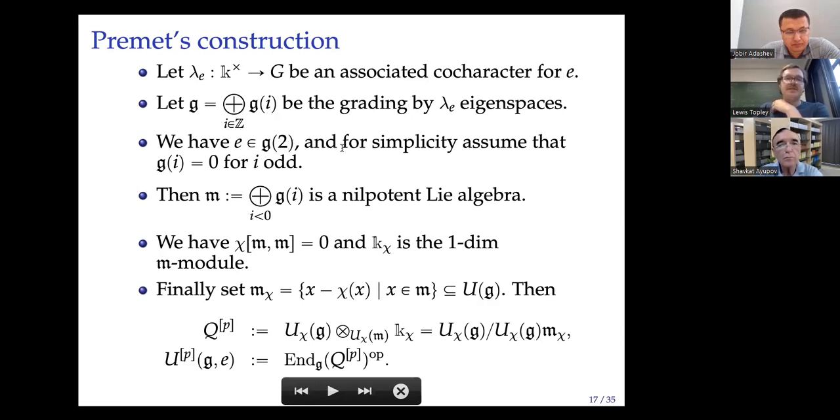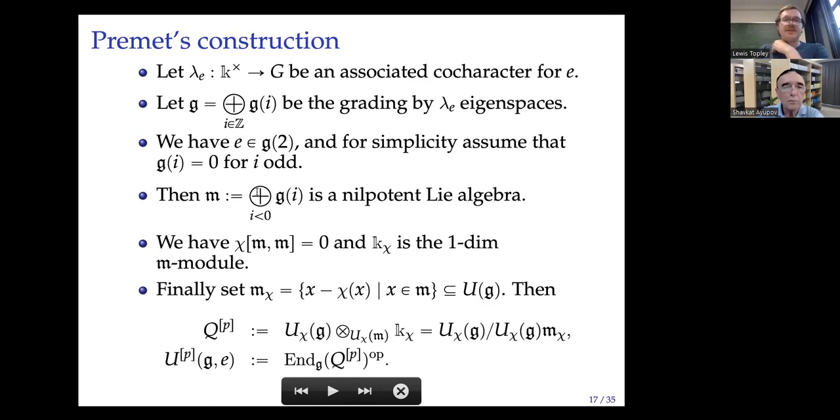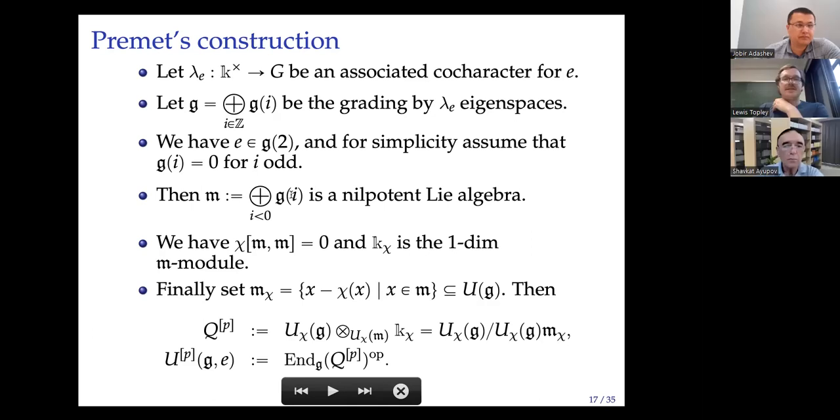And for simplicity in what comes after, I want to assume that g_i is zero for odd i. It gets a little bit more technical if I don't. So we take m to be the sum of all eigenspaces less than 0. This is a nilpotent Lie algebra, and it also has the property that chi vanishes on the derived subalgebra of m.